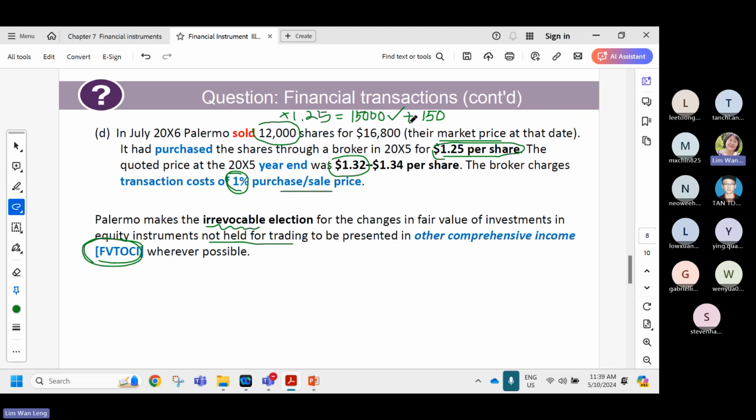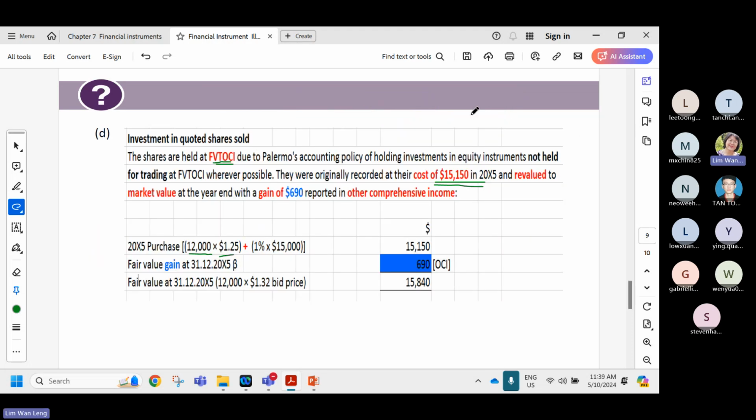So 150 plus 15,000 becomes 15,150. That's the amount that you have spent to purchase the 12,000 shares.